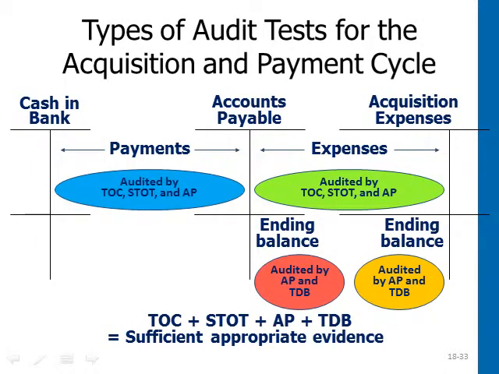And so here we see a few more of the types of audit tests for the acquisition and payment cycle as they relate to the accounts that are being audited within this business cycle. And it's through these audit tests that we get to the goal of, as we see at the bottom of the page, sufficient appropriate evidence to base our determination on.